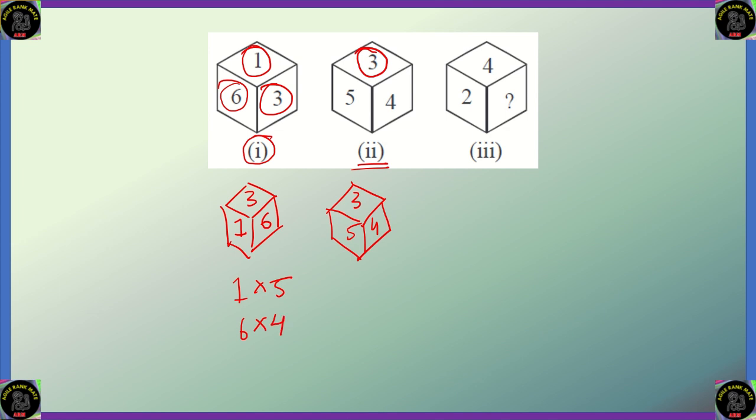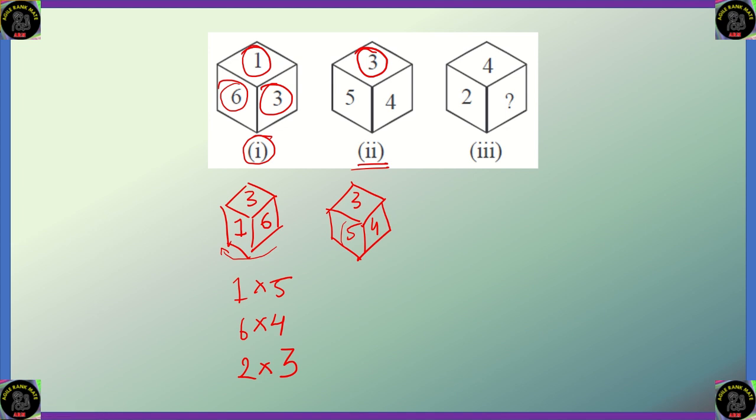Since both of these are the same dice, this is just like rotating this dice to get to the other side. So we'll get 5 will be opposite to 1 and 6 will be opposite to 4. Now the remaining numbers are 2 and 3. So from that we can also say that 2 is opposite to 3.